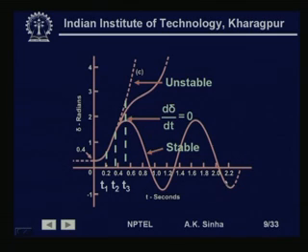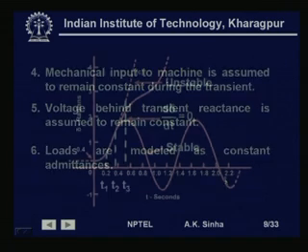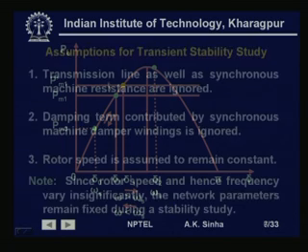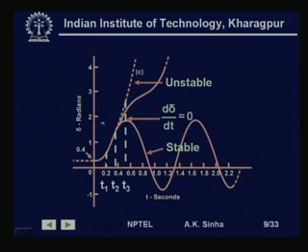If we increase the mechanical input to that P dash M1 level, then what we will get is an unstable system, that is, it will have up to this region where we will have deceleration, and then again it will accelerate very fast.